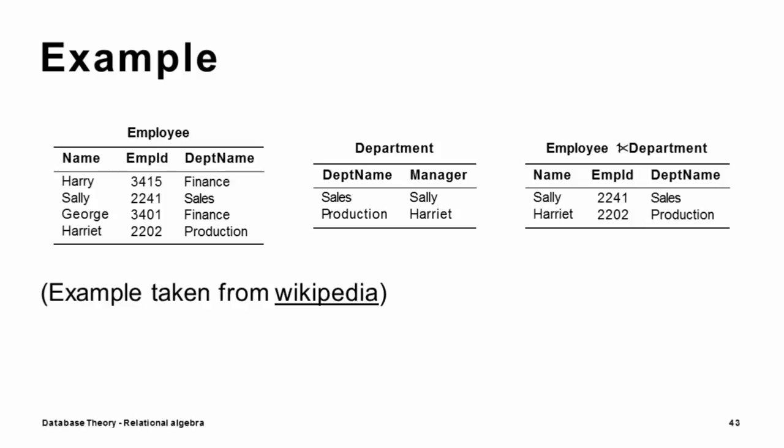So that's what is checked. And then you check whether they have the same values, and they have the same values for sales and production, but not finance. So the anti-join of this is finance instead.